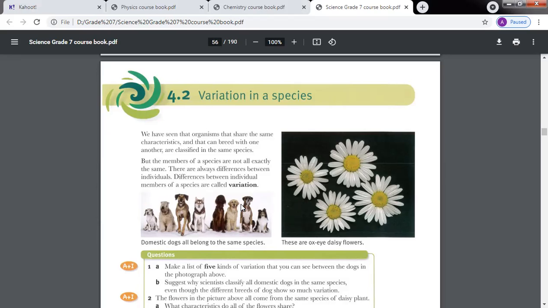And then in the next picture you can see a flower. Here this flower is another species. This is a daisy flower, but you can see the size of the flower is different from one to another. And maybe sometimes the number of petals is different from one flower to another flower.